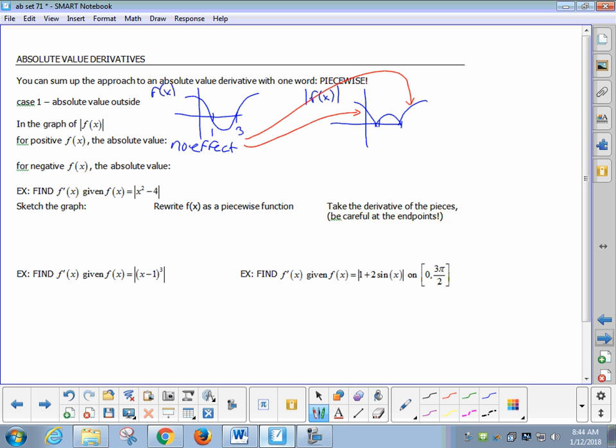Nothing happened. For negative f of x's, though, obviously they get made positive. Negative f, or negative y, gets made positive, so it gets flipped up.